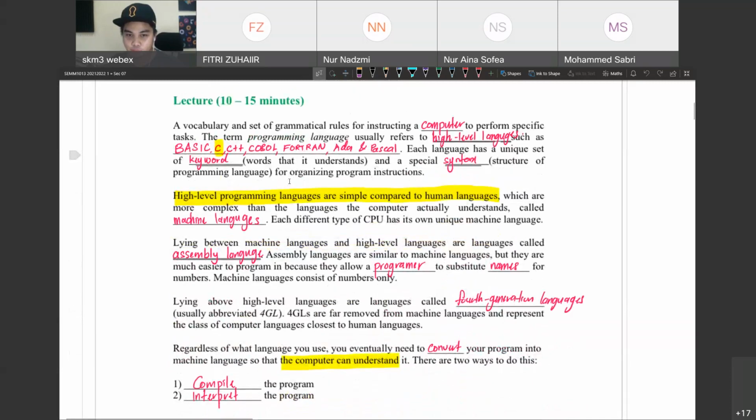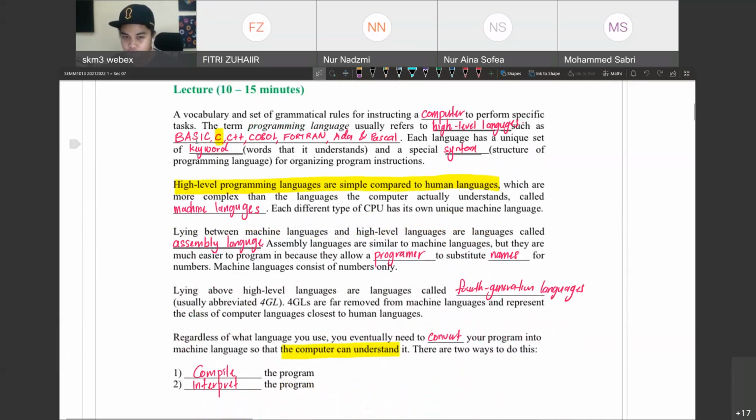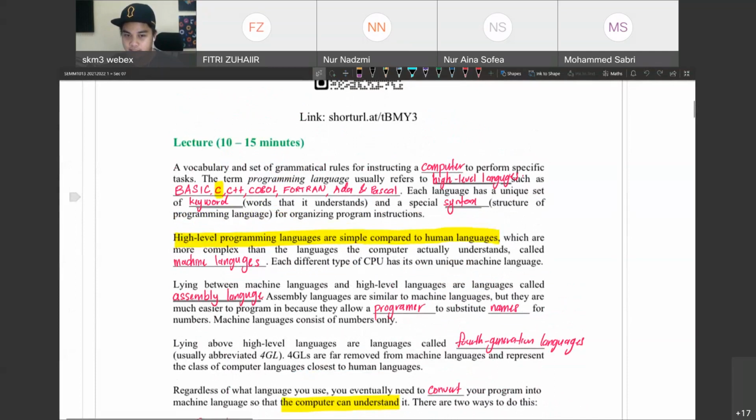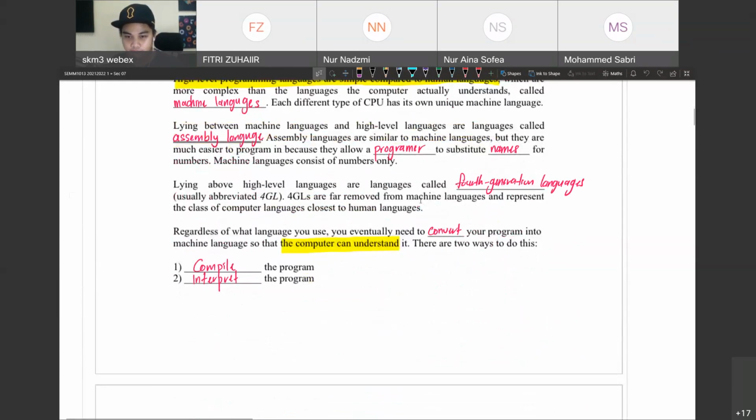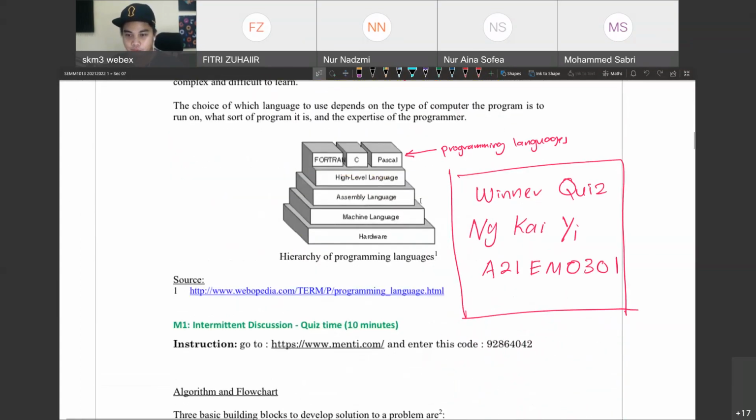And then we proceeded to the introduction to programming. We learned about vocabulary, the set of rules for instructing a computer, and high-level languages, examples of programming languages like C, C++, Fortran, and so on. And then we have the winner for the quiz, Eng Kai.